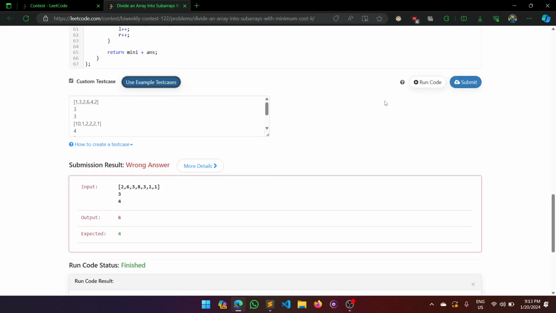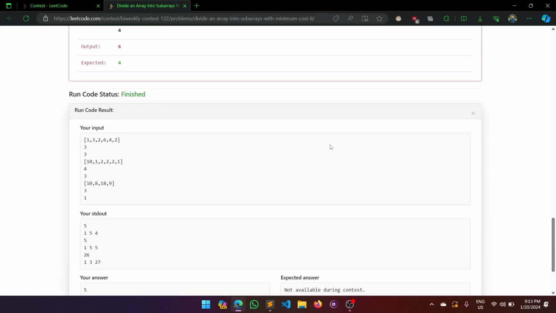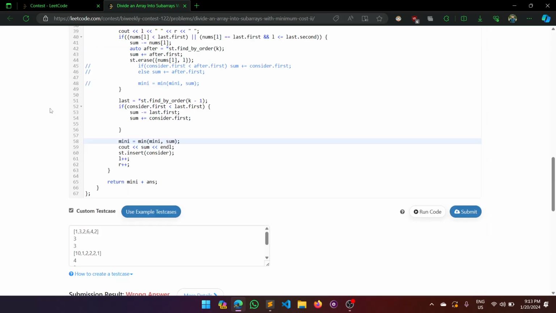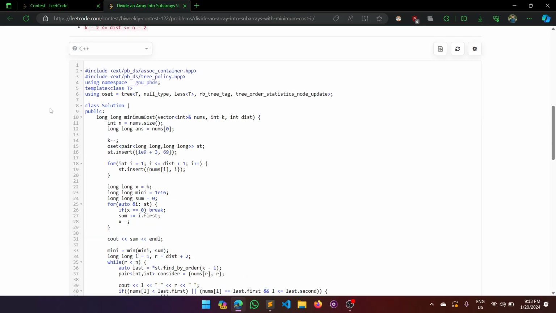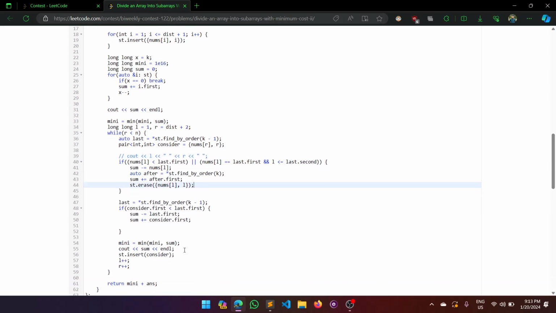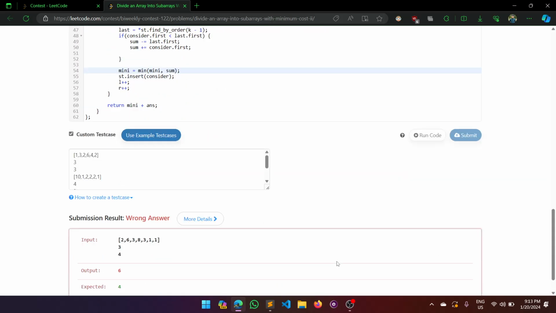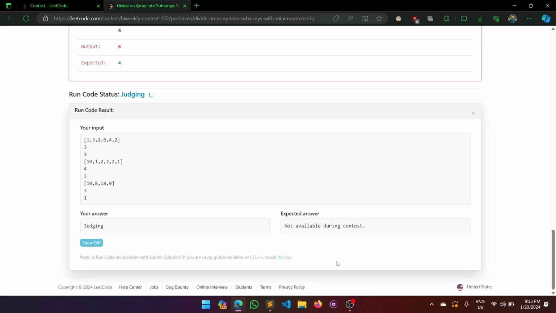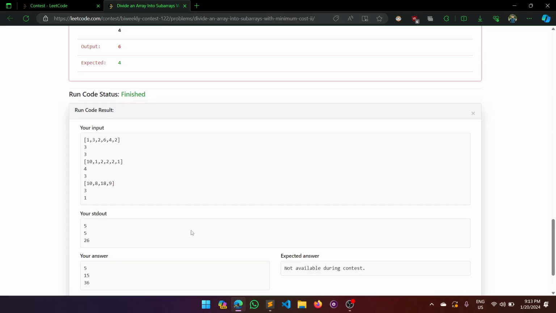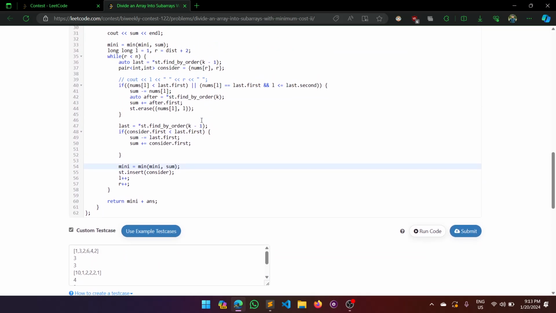Let's check for the original sample. 5, 15 and 36. That looks correct. Let's remove the print and redundant code. Where am I printing the answer?